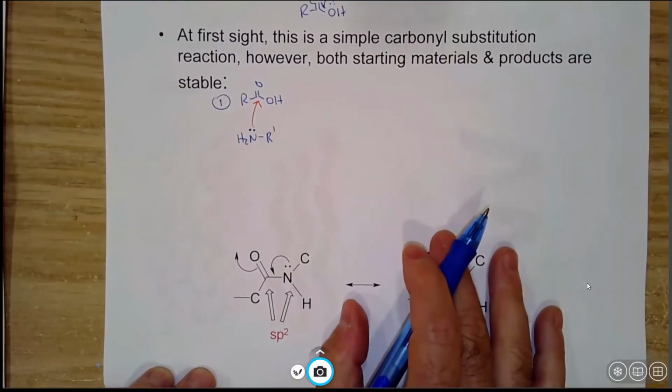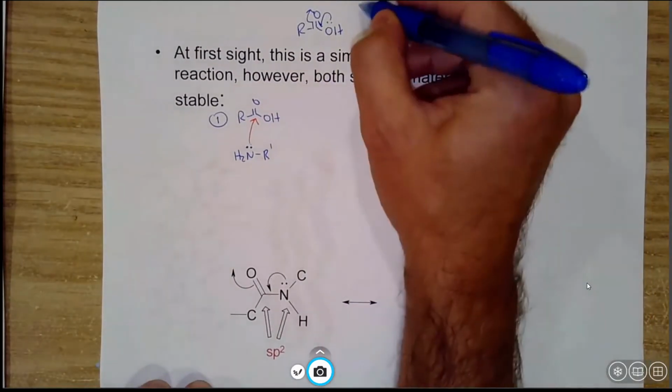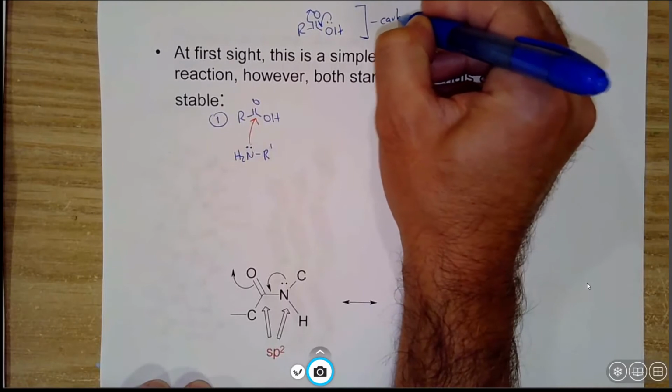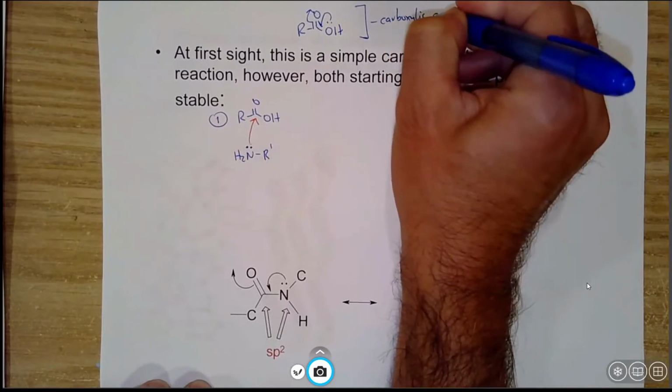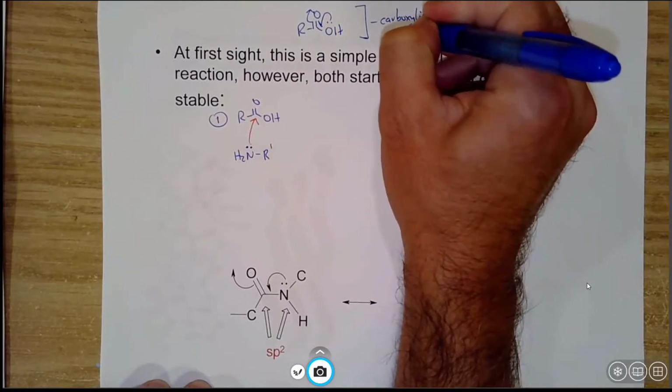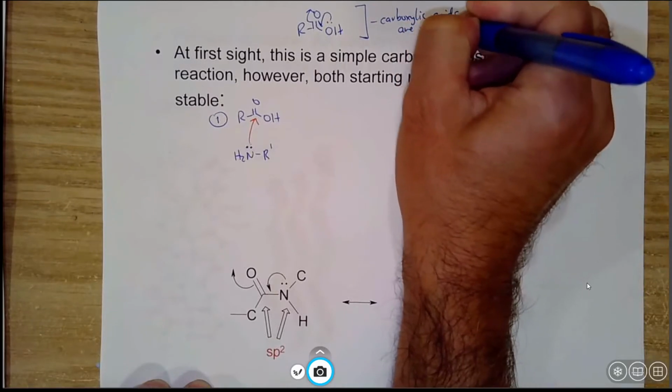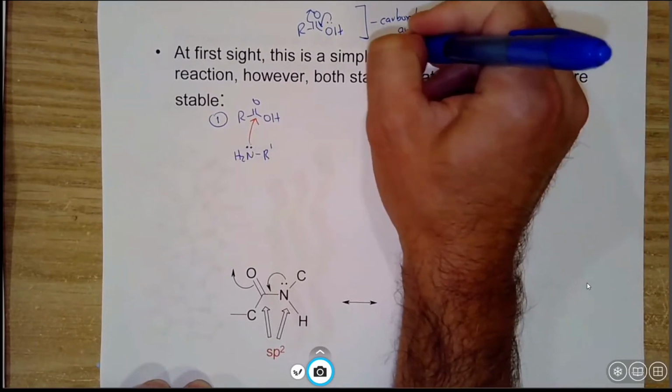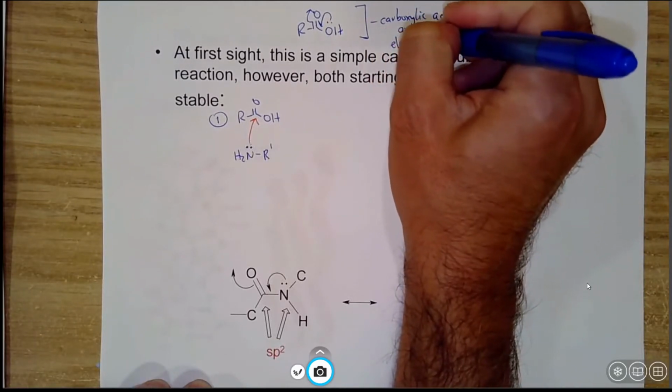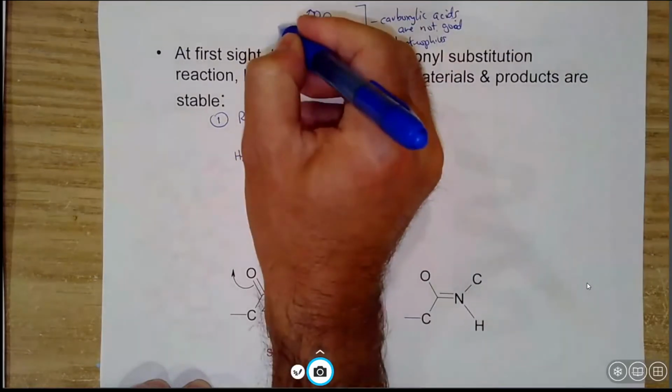I'll just bring this down a little so you can see. So carboxylic acids are not good electrophiles. This is due to resonance.